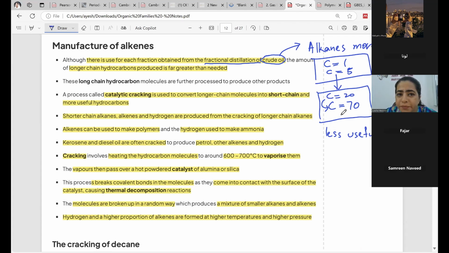Yes, Luna. Miss, we can do one thing, that we can break them down into smaller alkanes to make them more useful, if possible. Okay, right. Yes, Wafia.